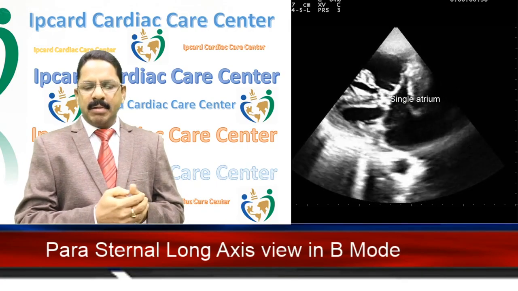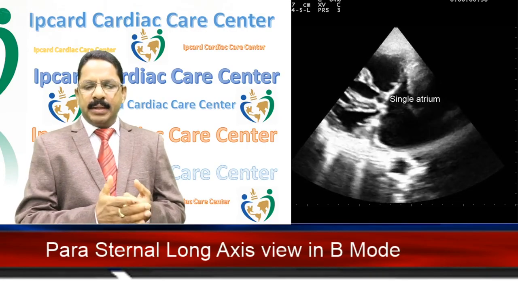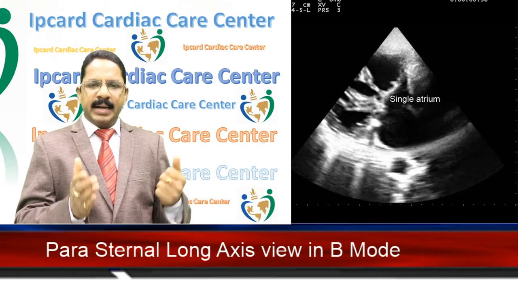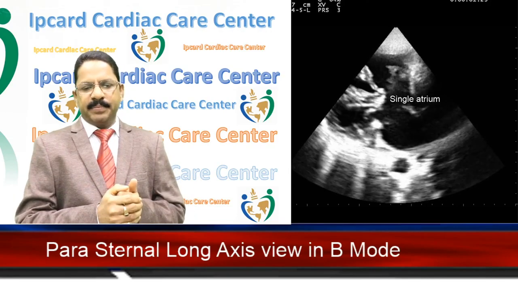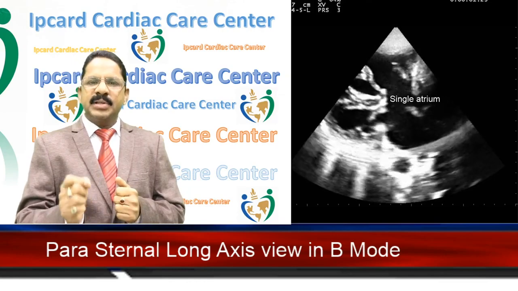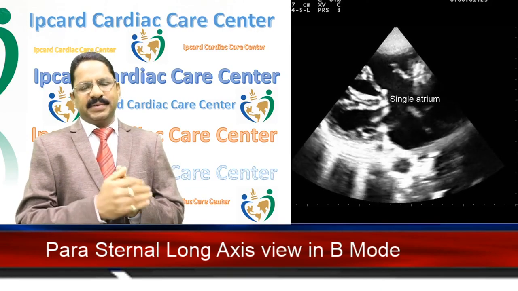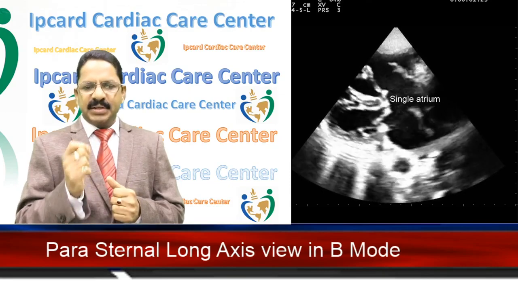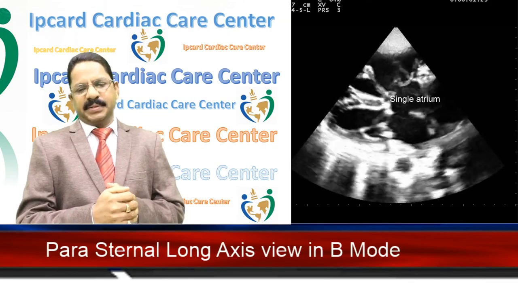This is a parasternal long axis view, B-mode. Here you can see a direct connection between the right atrium and left atrium. The patient also has an atrioventricular defect, with a large septal primum defect.